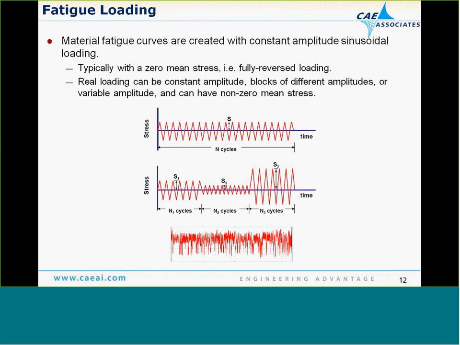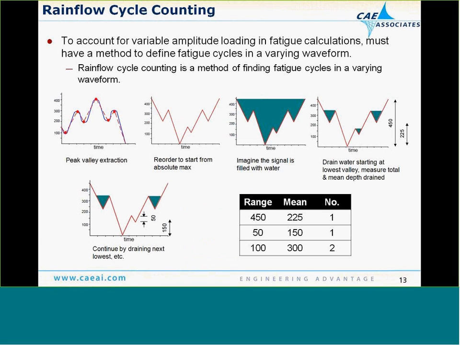Regardless of how the loading is or how we define our loading, we need to deliver to nCode and to the fatigue analysis a description of how many cycles and what the range and the mean stress are for each one of these cycles. So if you only have data like in that third plot that I showed you that's a little more complex, nCode will use what's called rainflow cycle counting.